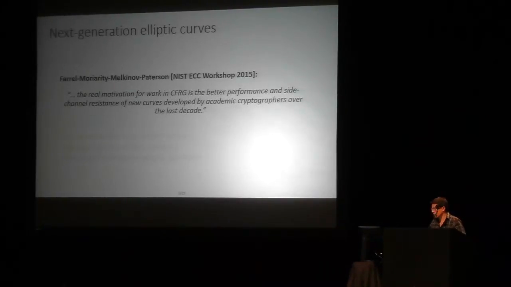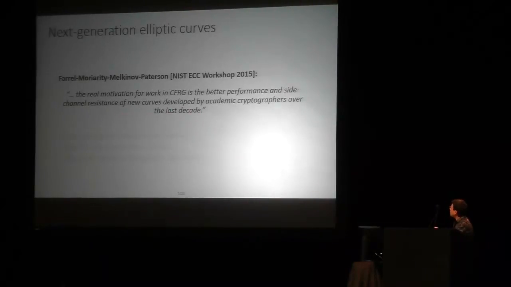Now, in the CFRG discussion, there was a focus on what requirements should be important at the moment of selecting the curve, and this is a quote that I've taken from the NIST ECC workshop: the real motivation for working in CFRG is the better performance and side channel resistance of new curves developed by academic cryptographers over the last decade.